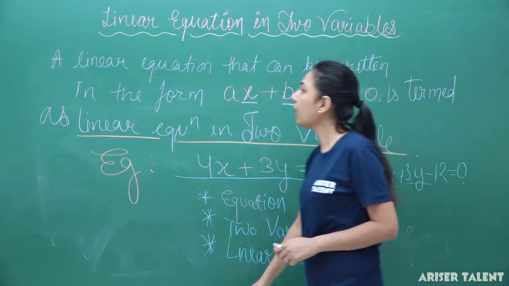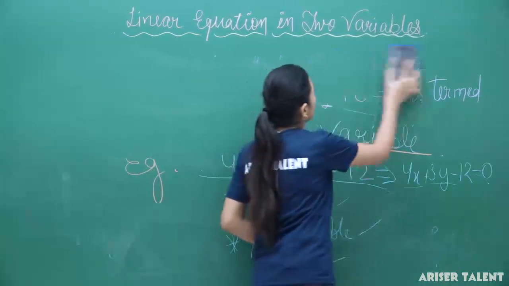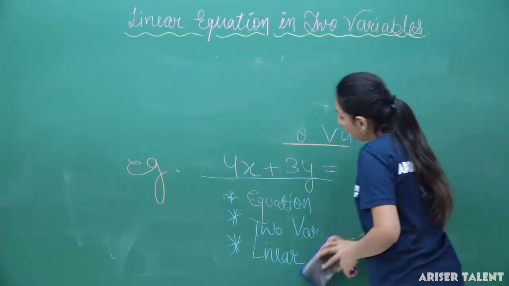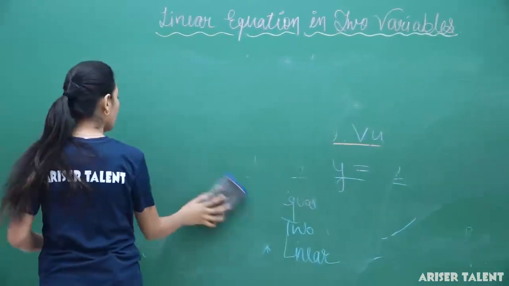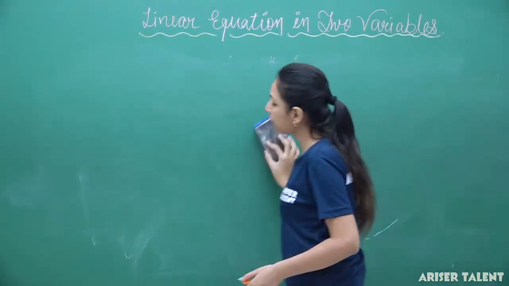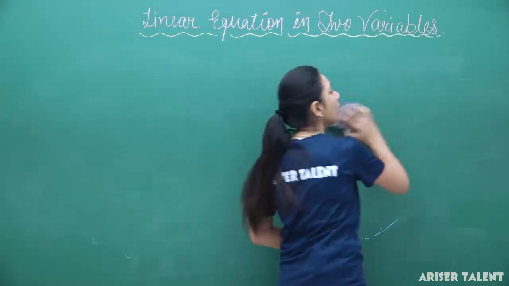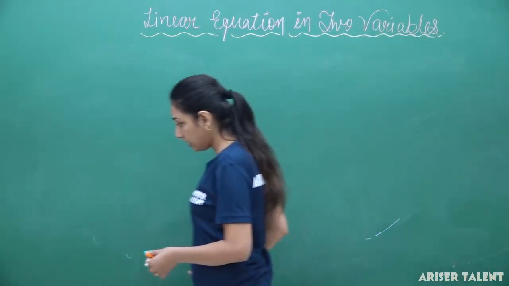Okay. Now we'll deal with some examples, okay, and we'll try to convert that particular given equations as examples in the format ax plus by plus c equals to 0.